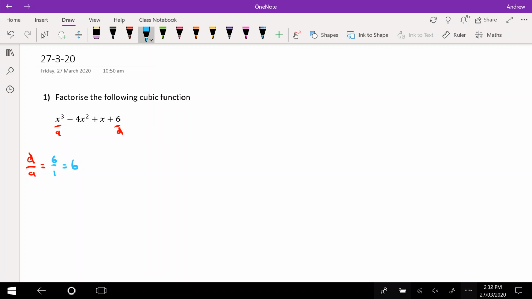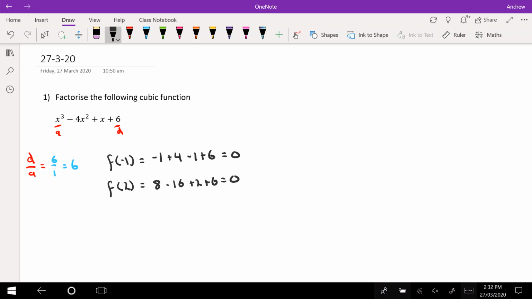Now, you guys tried them all and you figured out that 2 of them work, okay? You figured out that f of -1 equals -1 plus 4 take 1 plus 6, which is equal to 0, and f of 2 equals 8 take 16 plus 2 plus 6 equals 0.